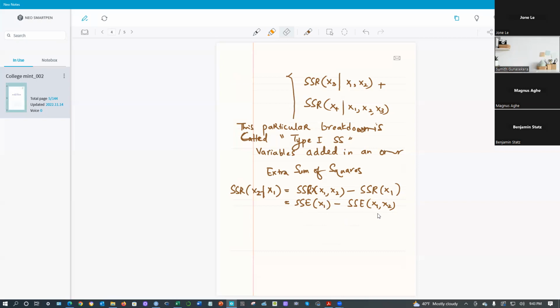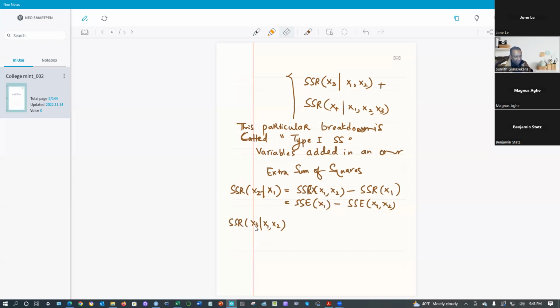So the two are going to be written for your convenience. SSR of x3 given x1 comma x2. You say that x1 and x2 are already in the system. Now you're going to systematically add the third variable and see whether this is going to be the best fit. These are called the selection methods.